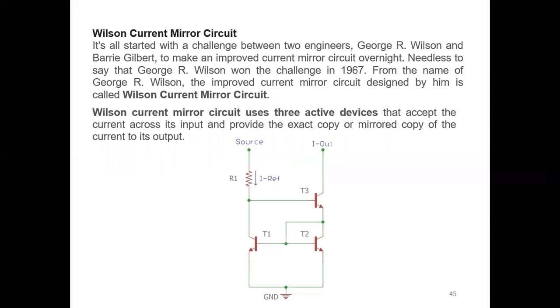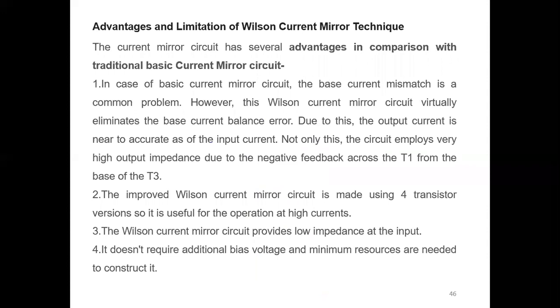In the previous method we used two transistors, but here we are using three transistors. It accepts the current at the input and provides an exact mirrored copy of the current to its output. So these are the advantages of the Wilson current mirror technique.